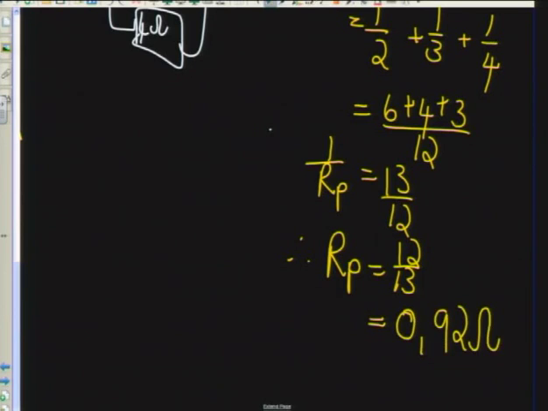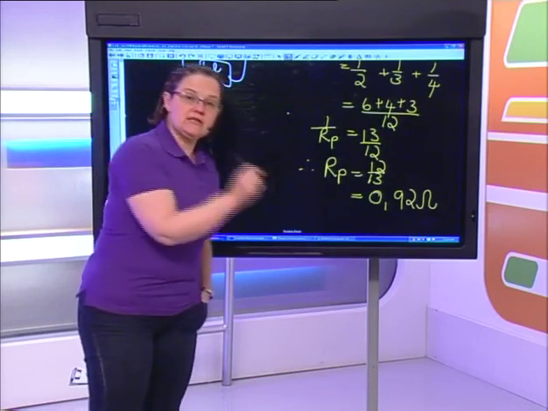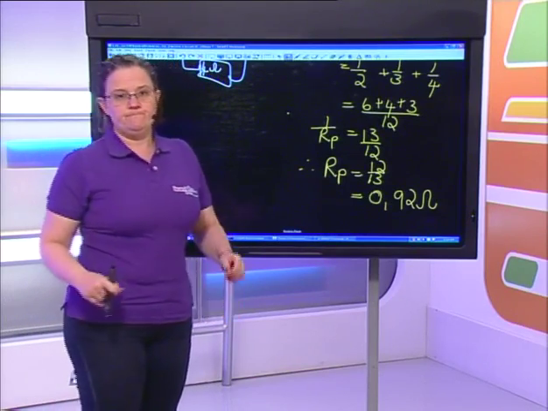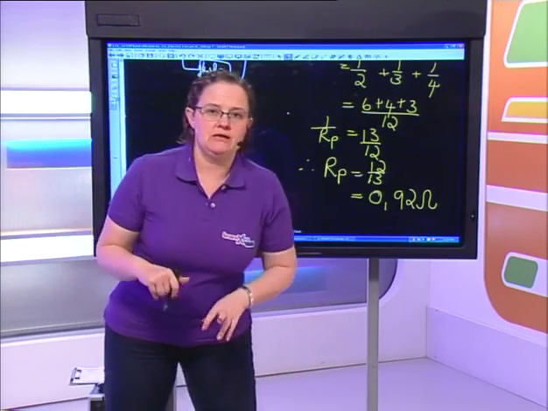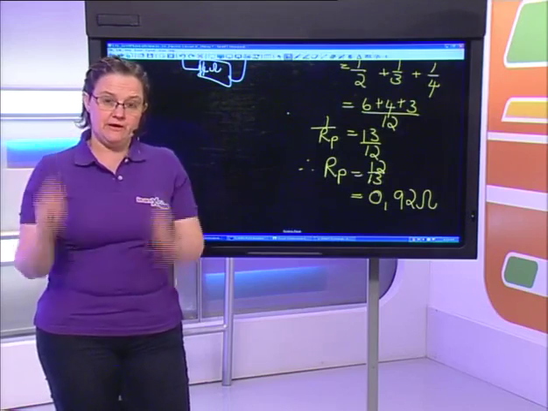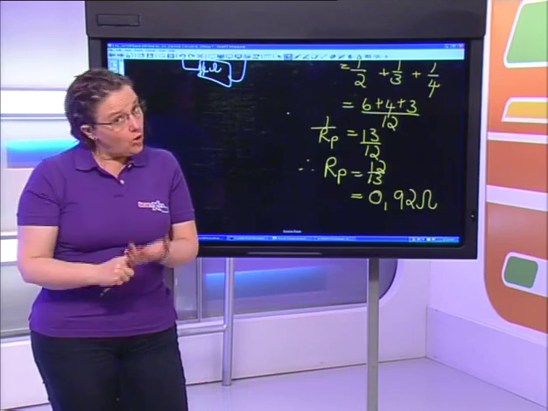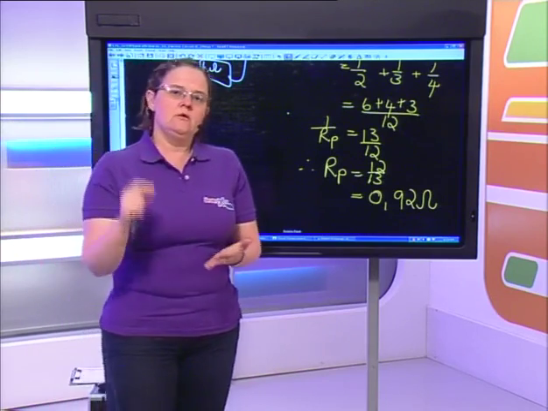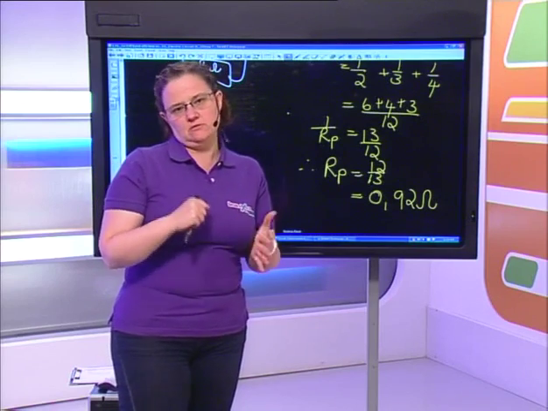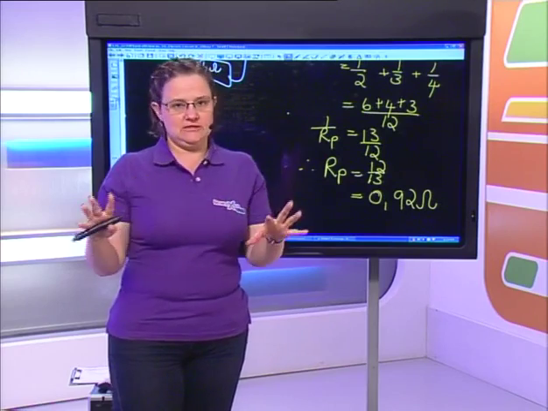And it's tiny. How do I know that my calculation is correct? Because my total is smaller than 2 ohms. Hint, when you're calculating resistors in parallel, the total resistance in parallel will always be smaller than the smallest resistance in the parallel section of the circuit, without exceptions.